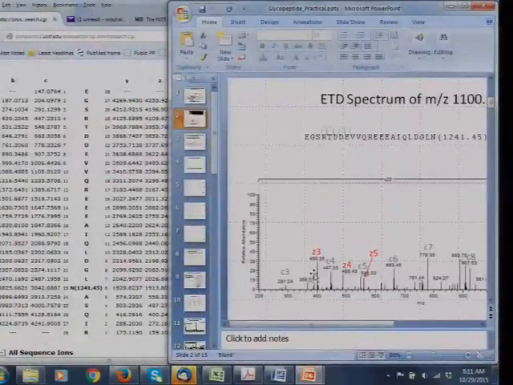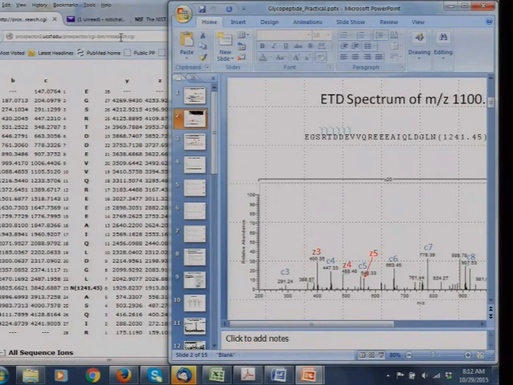So you can see that we have this peak here at 400.35, and in my list it tells me that's the Z3 ion. So this is basically a table explaining what all these potential masses would be. 663 should be a C6 ion. Yeah, there it is.